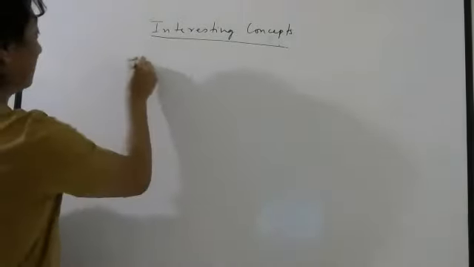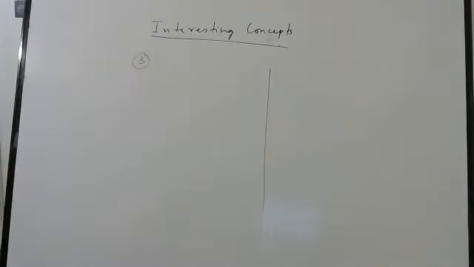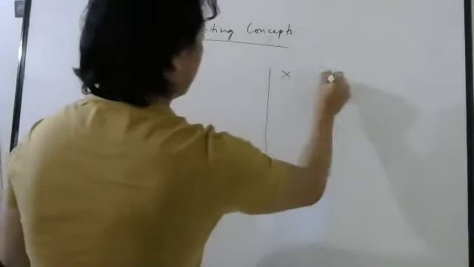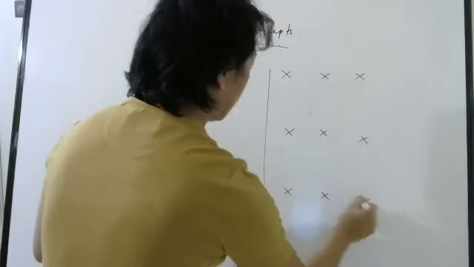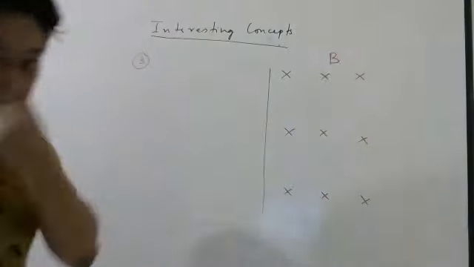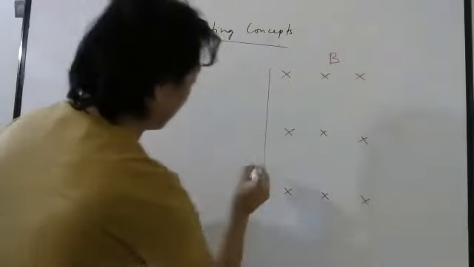Third one. Look here. This is a line, and there is a magnetic field here like this. This time I am saying the particle comes like this.